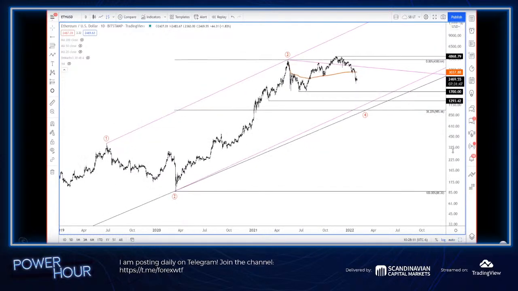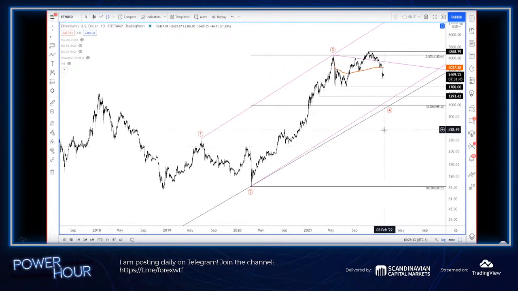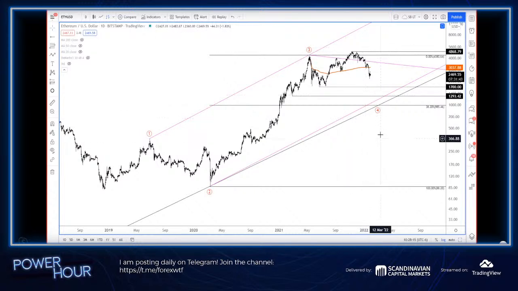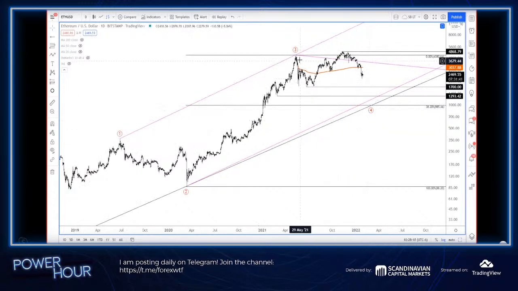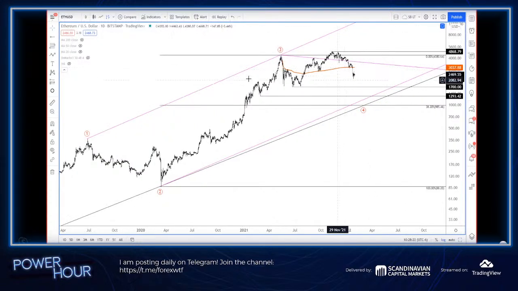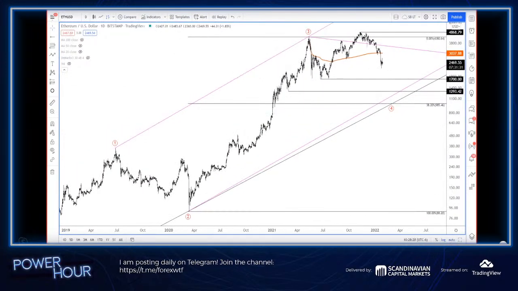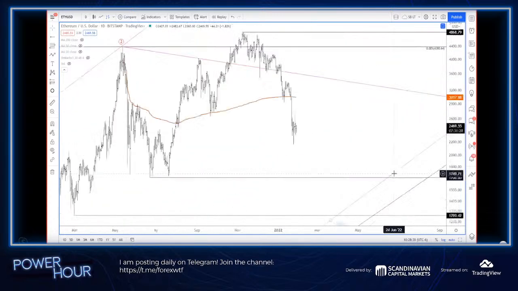So I'll stick with that. Again, I think this is a massive fourth wave. Now, it's possible that we end up going sideways for a prolonged period of time here, in like a triangle or something. But from Ethereum, the question specifically was, what do I think about Ethereum?